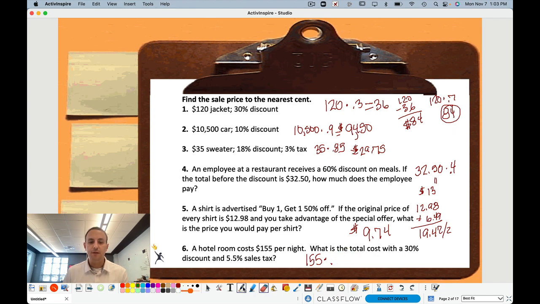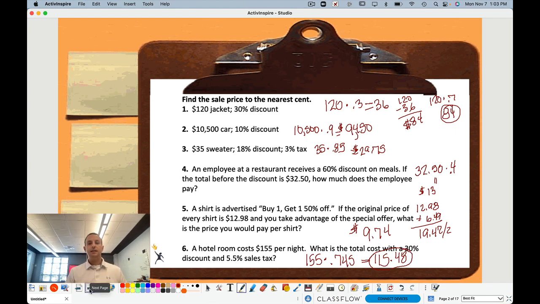Man, it'd be great if I never made mistakes, but then I wouldn't be a person. So 155 times 0.745. We get $115.48. And again, we round up. 115.47.5 is what we really get, so we'd round to 48. Hotels and all businesses are always trying to make more money.